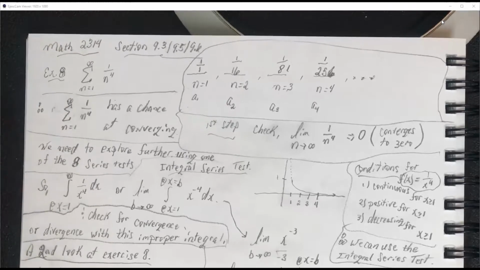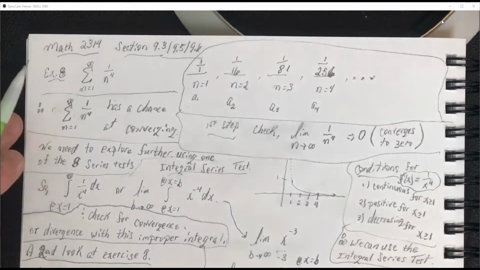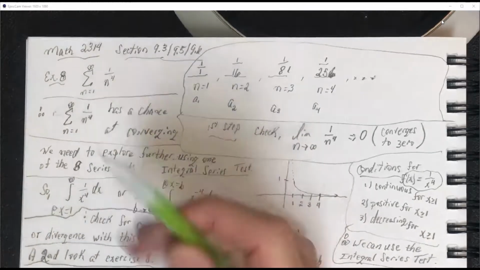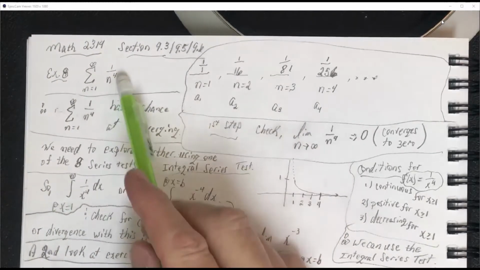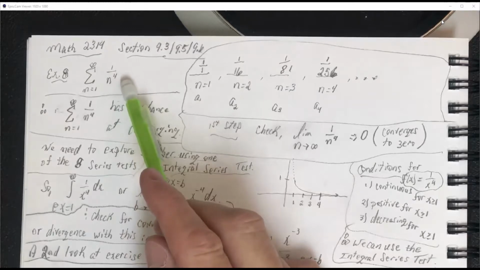So you can see my notebook, everything's fine? Yes. Okay, so number 8 is right here, and we have this formula right here, 1 over n to the 4th, so that's the formula of the sequence.